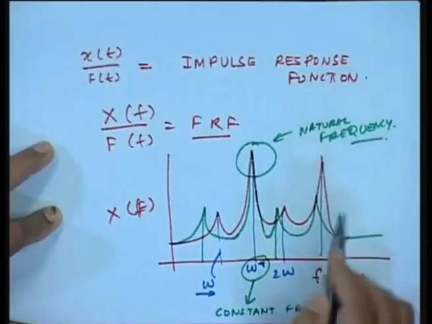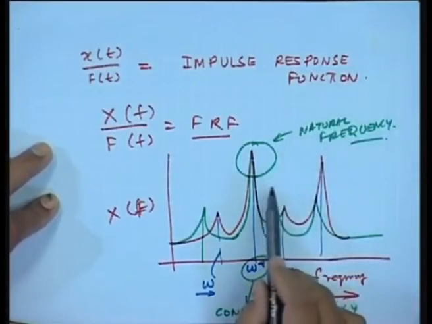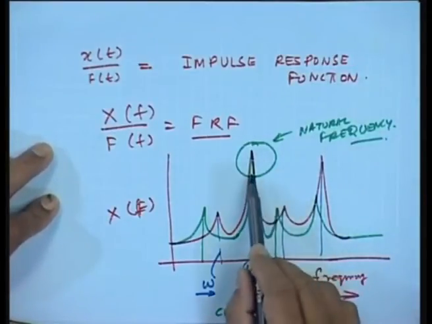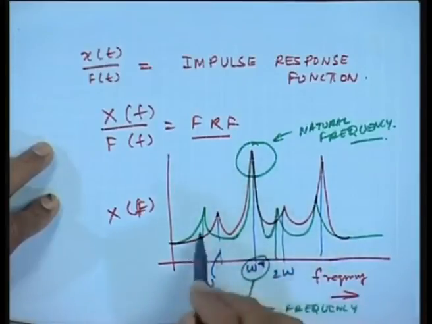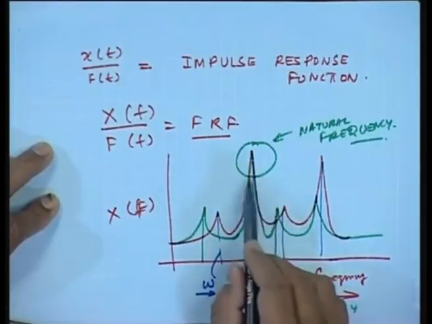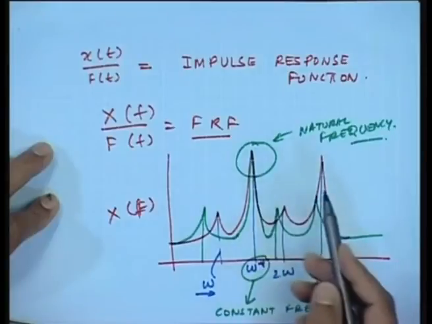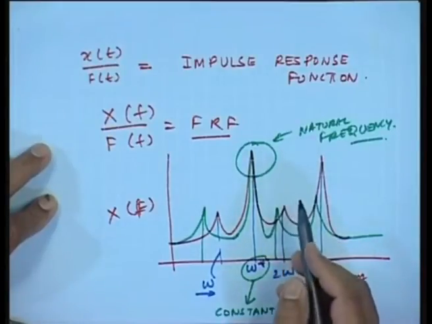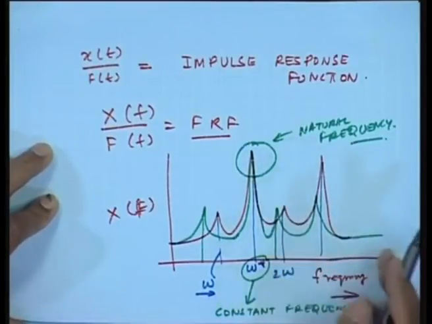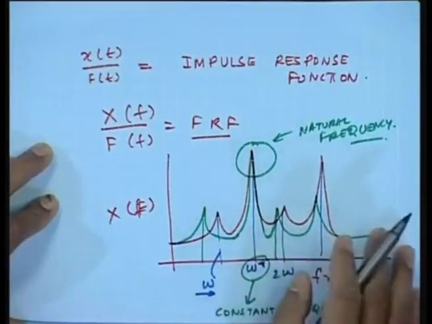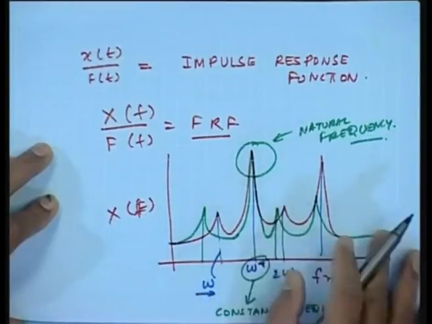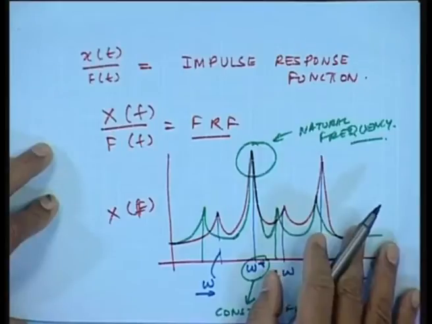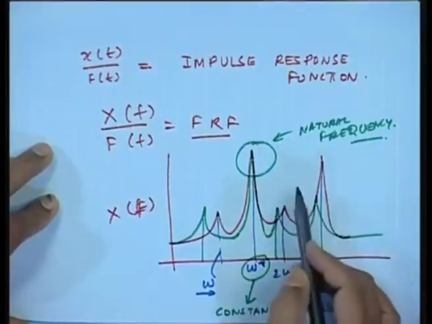Of course, designers always design machines and equipment such that the natural frequencies are never in the operating frequency zone, but because of certain retrofits, you always get a complaint from the shop floor that no matter what we do with the maintenance, we had a nice overhaul, we had put in new bearings, we do a regular check on the machines, but still there is a strong vibration at a particular frequency.